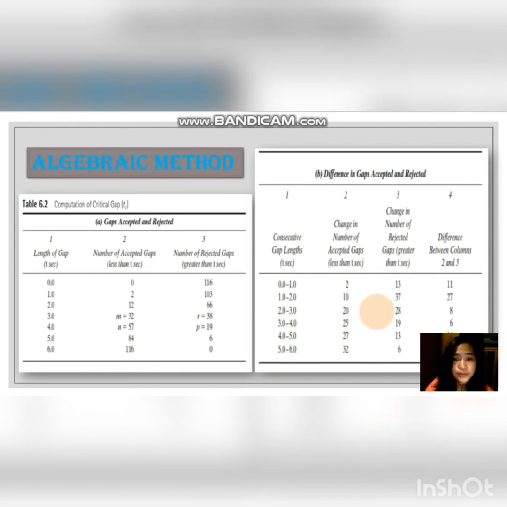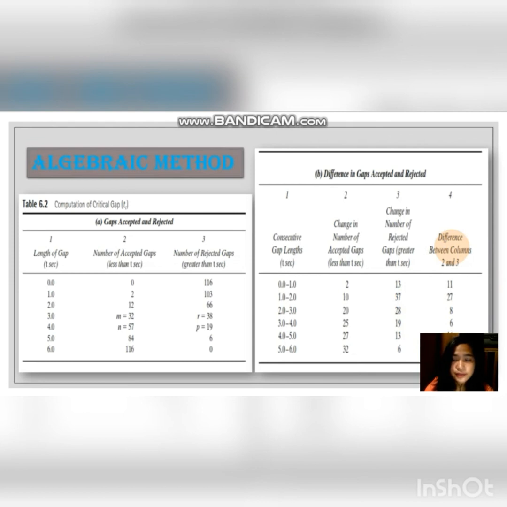The same goes with our rejected gaps difference. 116 minus 103 is equal to 13, and so on. So subtracting columns 2 and 3, we can arrive at these answers.